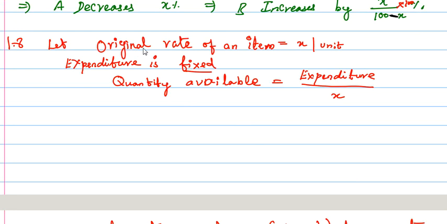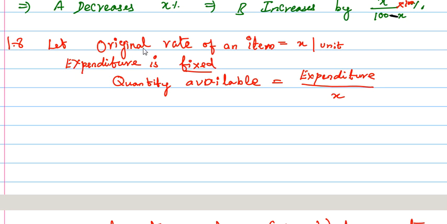Here I am going to take one item, one product. The original rate of that product is x rupees per unit. The expenditure of that product is fixed. Suppose you take some product like rice. 1 kg of rice is now 60 rupees.